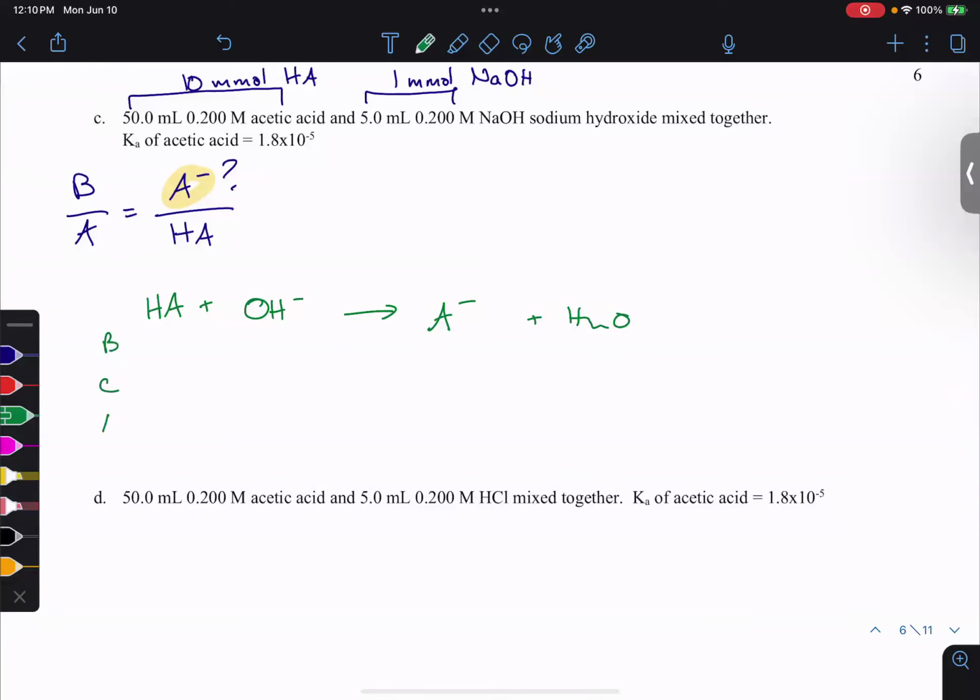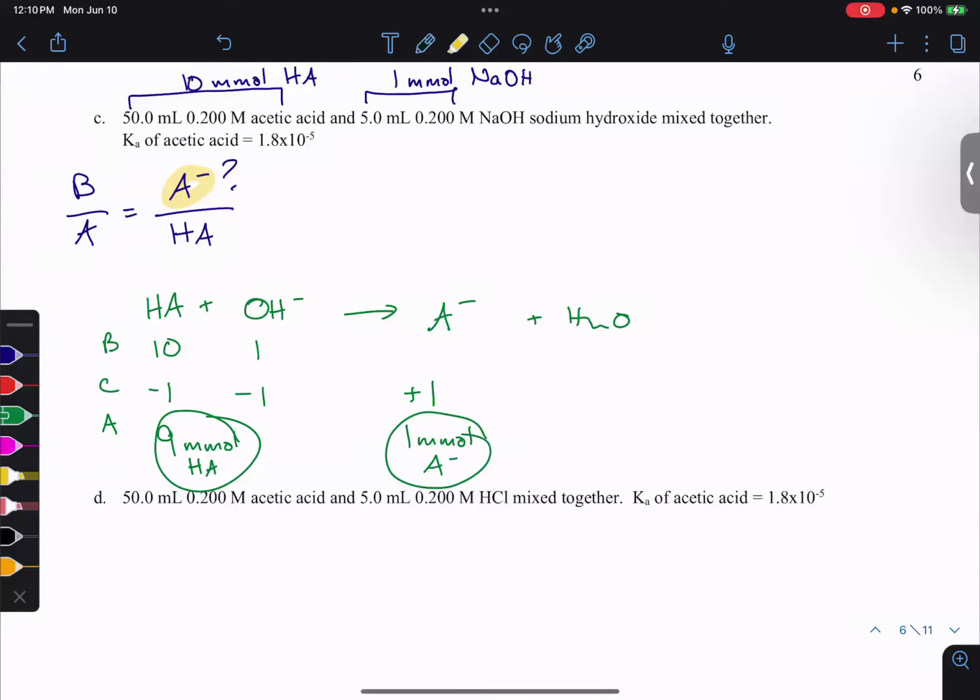So what's happening is a full-blown chemical reaction. So you need to write out a BCA table, but the numbers are easy here. Notice you're starting with 10 millimoles of acetic acid, 1 millimole of hydroxide. So that means hydroxide's limiting you, -1, -1, +1. After this neutralization reaction, you have 9 millimoles of HA, and you have 1 millimole of A minus. Those are the two numbers that go into your Henderson-Hasselbalch equation.